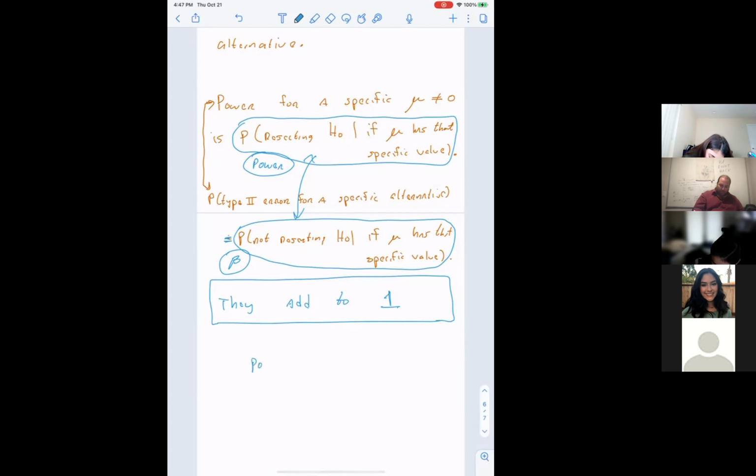So the power plus beta is always equal to 1. The probability of not rejecting the null hypothesis, if mu has that specific value, is beta. The probability of rejecting the null hypothesis, if it has that specific value, is the power. The power plus beta always equals 1.